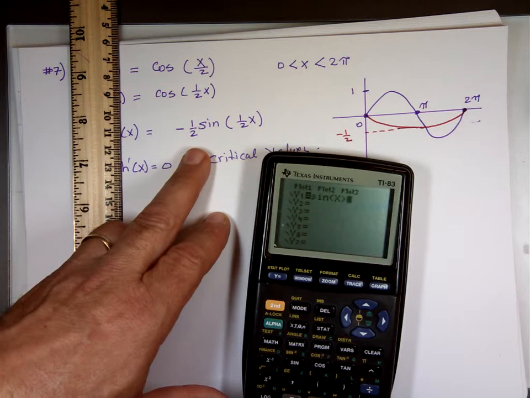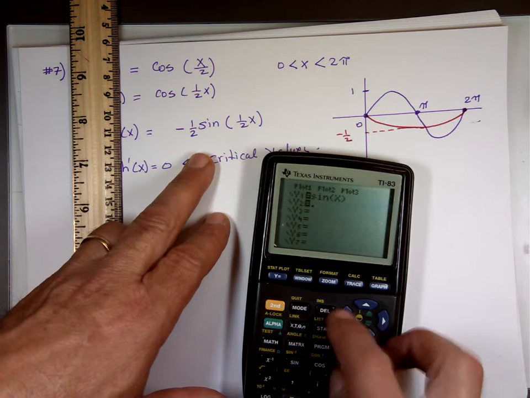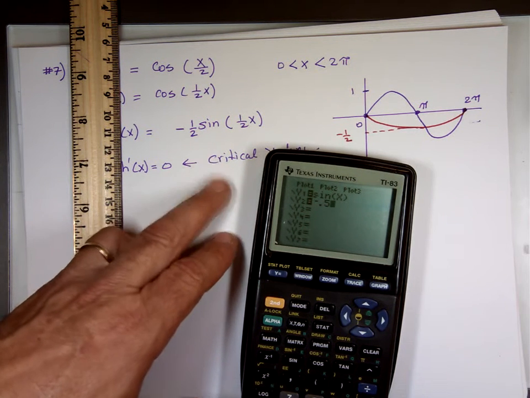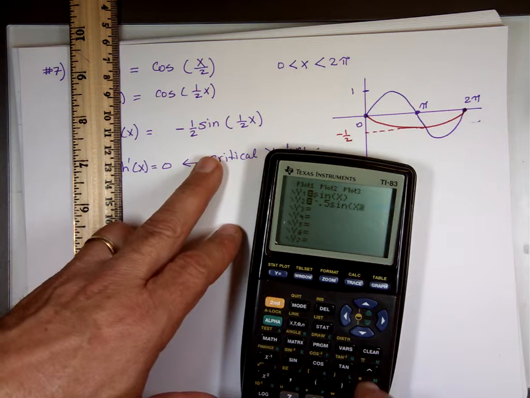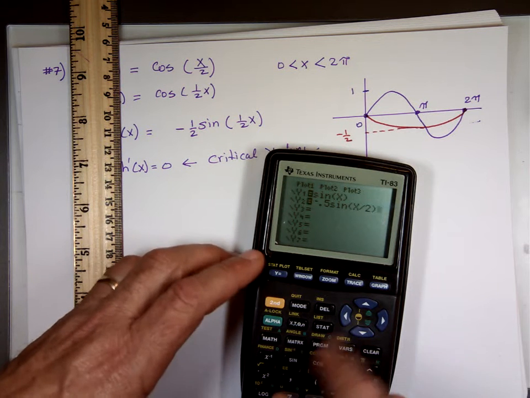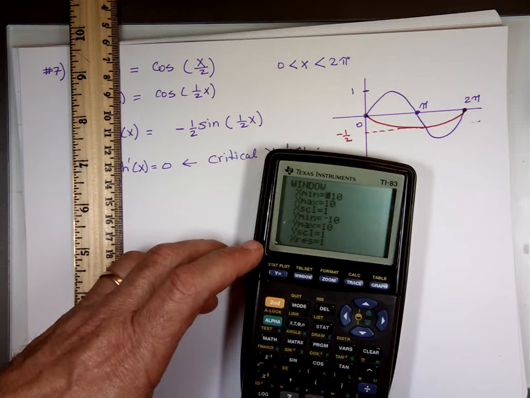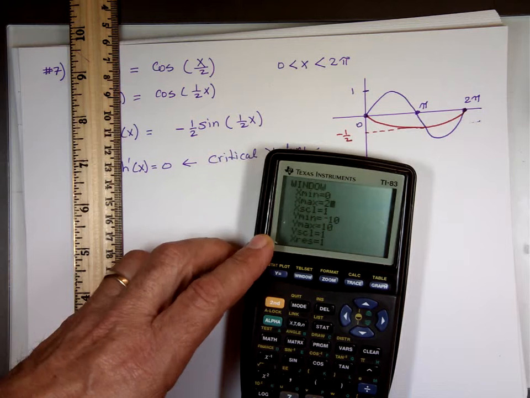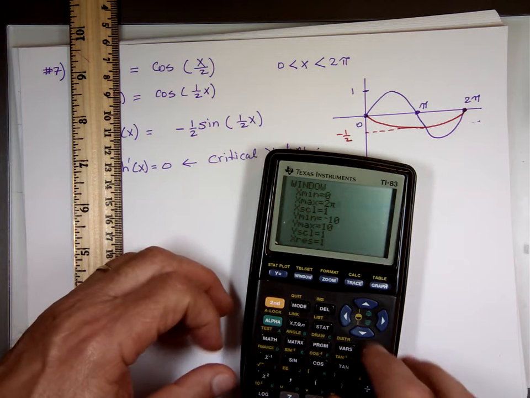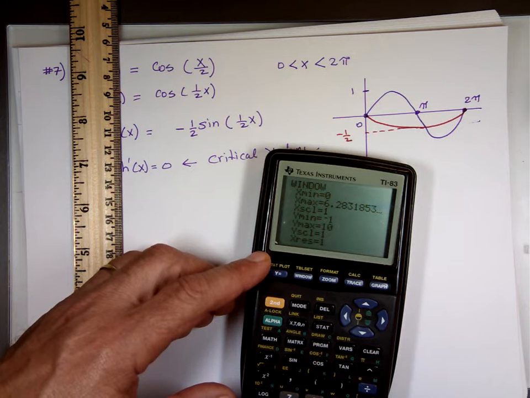And right under it, I want to graph negative 0.5 sine of x divided by 2. And before I do that, let me adjust my window. Let's go from x goes from 0 to 2 pi, and the y value goes from negative 1 to 1. I want to zoom in on it.